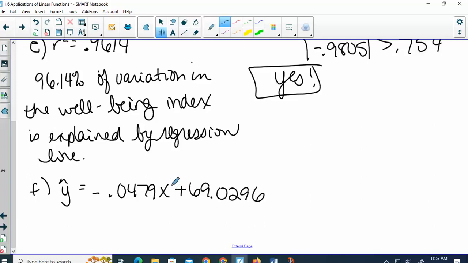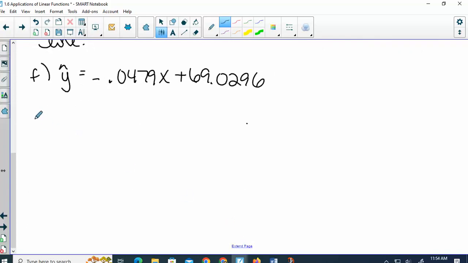Its slope is y over x. Y was the well-being index. What was x? X was our commute time in this problem. So what does the negative mean?